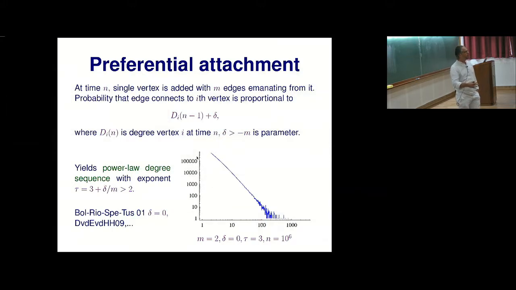It's a dynamic model, and you can investigate the degree distribution in such a model. So this is a simulation. N is 1,000,000. We take m equal to 2, delta equal to 0, and that means that the power law exponent of the degree distribution, which we can rigorously analyze, is larger than 2. It's 3 in this case. And what you see in the degree distribution, in this simulation, is a straight line-ish effect somewhere here.